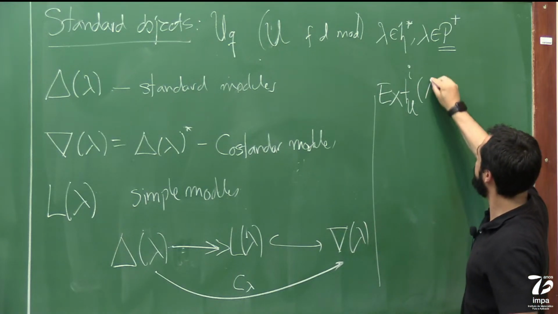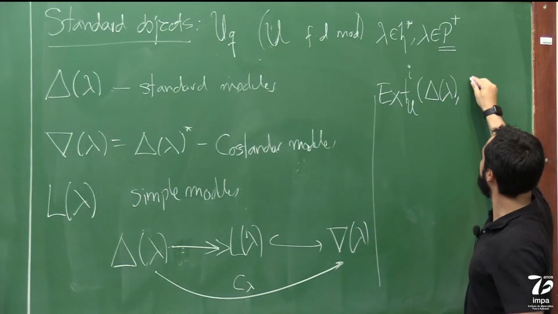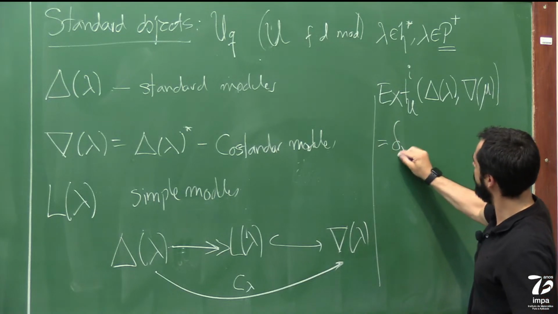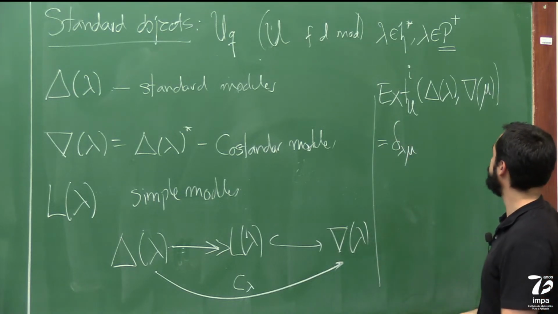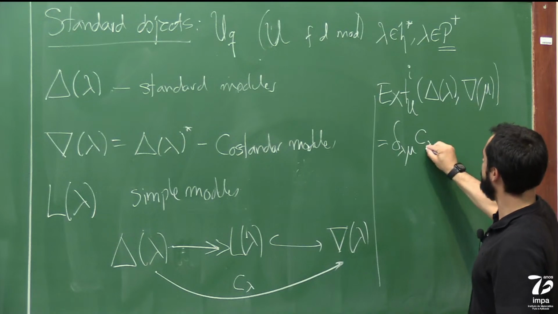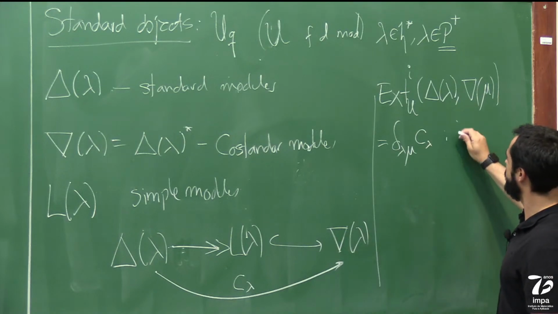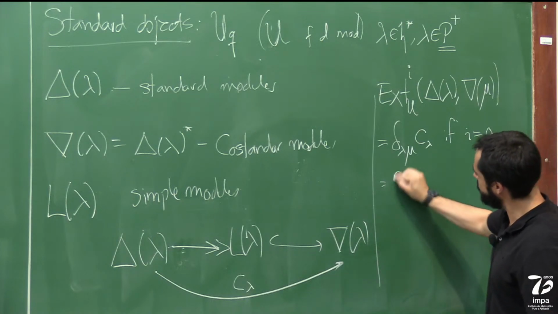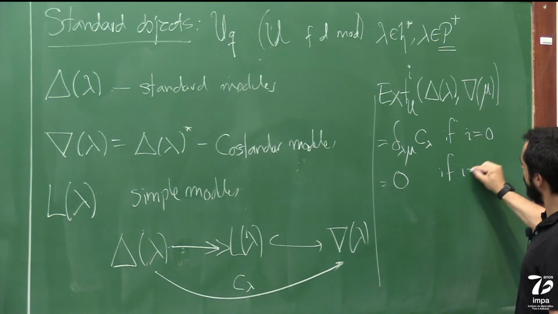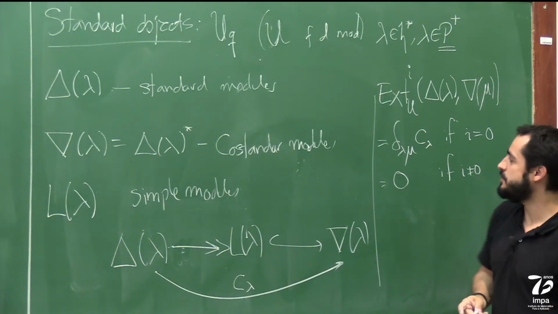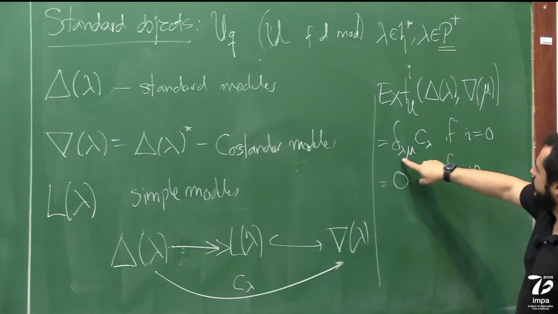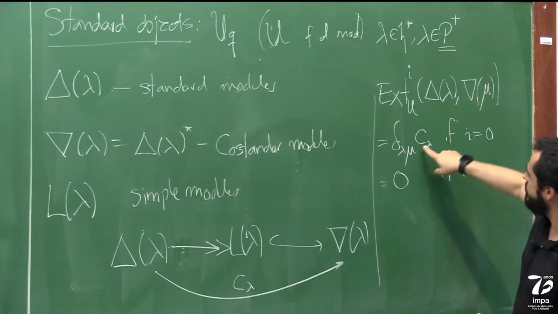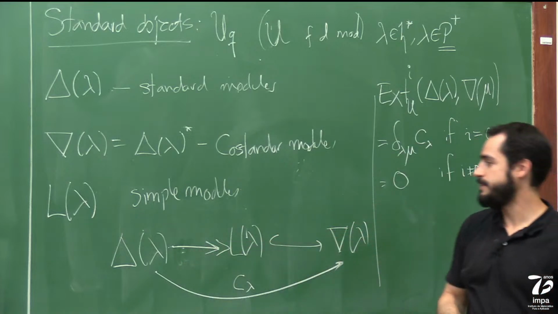In my category, Ext^i(Delta lambda, nabla mu) is equal to C if i is equal to 0 and lambda equals mu, and it is equal to 0 otherwise. So there are no extensions, and there are just maps when lambda and mu are the same, and the Hom between these two guys is generated by the composition of these two maps.